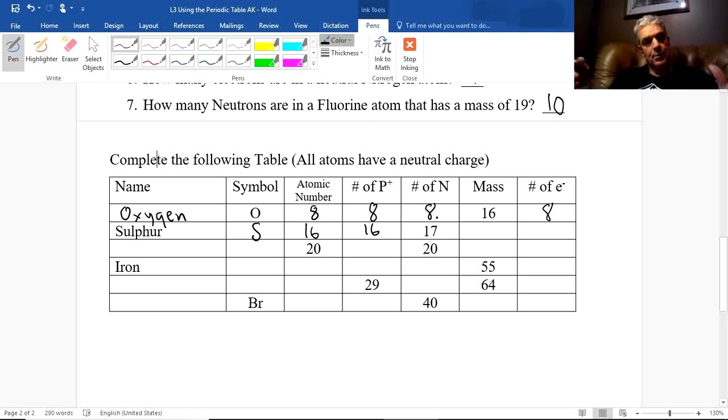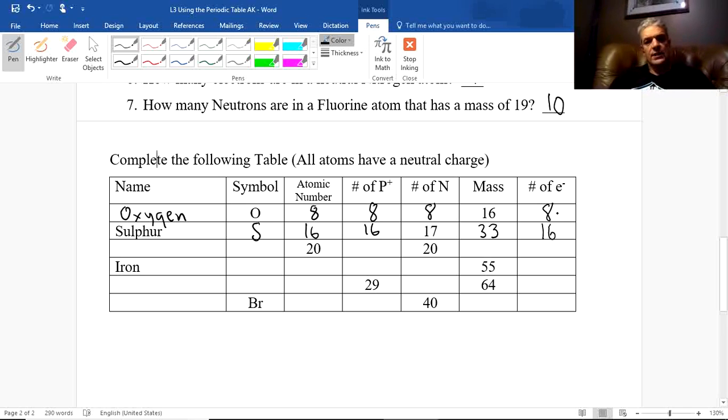I can do that in my head pretty easily. 16 plus 17 is going to be 33. And then the number of electrons is always going to be equal to the number of protons. So in this particular case, it's 16. This is because it's a neutral atom. We have to have a balance between electrons and protons. They have to be equal. Then I can go to the next one.